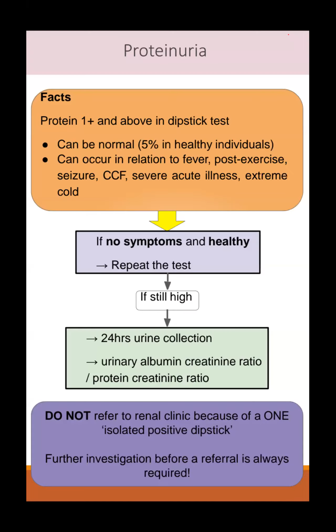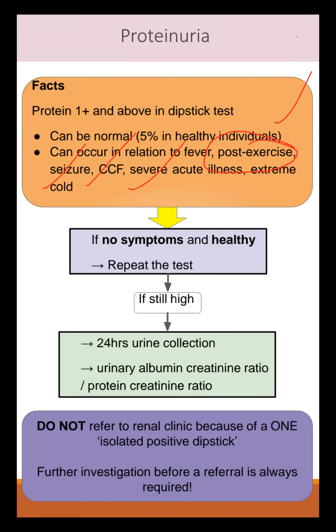Proteinuria, very important. I have to understand that proteinuria can be normal, can occur pre or post-exercise, seizures, CCF, severe acute illness, extreme cold. But if no symptoms and healthy, repeat the test. If healthy but proteinuria persisting, we have to repeat the test.